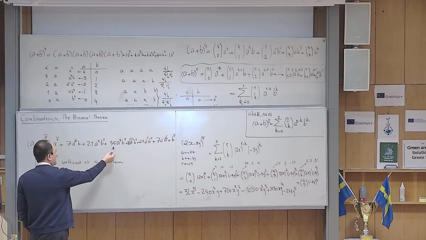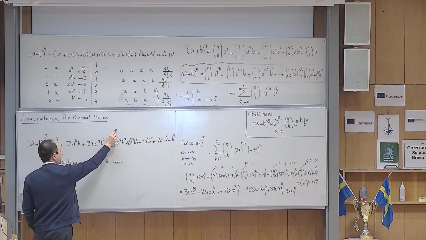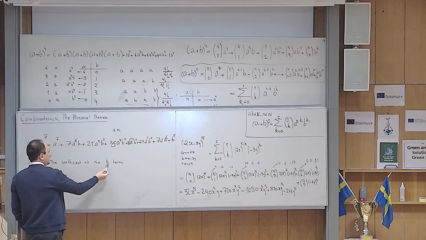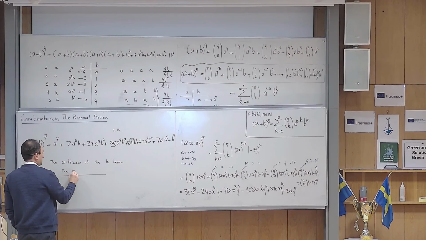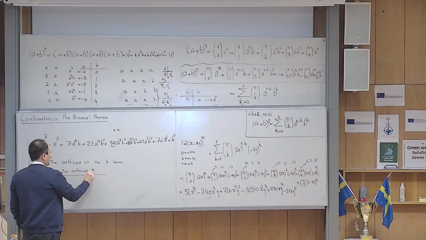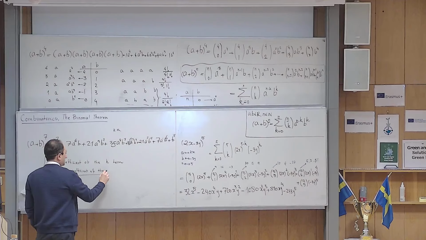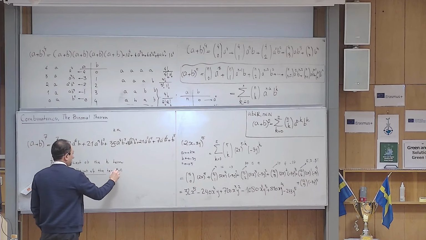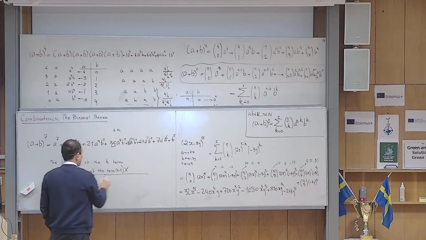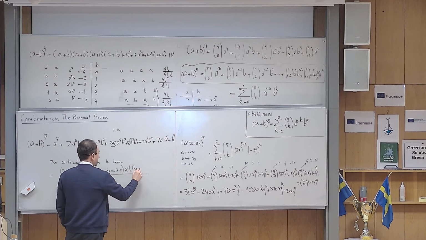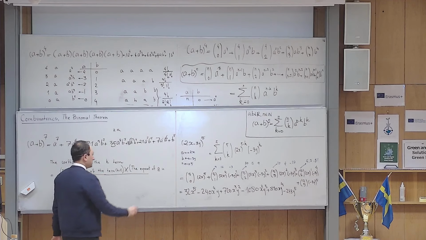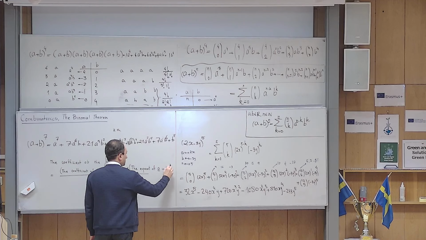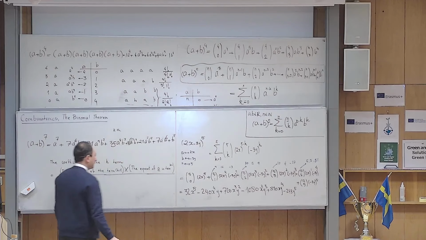Because at any point, if I want to find this coefficient, let us say this is the kth term, I am claiming that the coefficient of the kth term is equal to the coefficient of the term k minus 1, yes, multiplied by the exponent of a in the previous term, k minus 1, yes, divided by, can you tell me divided by what?